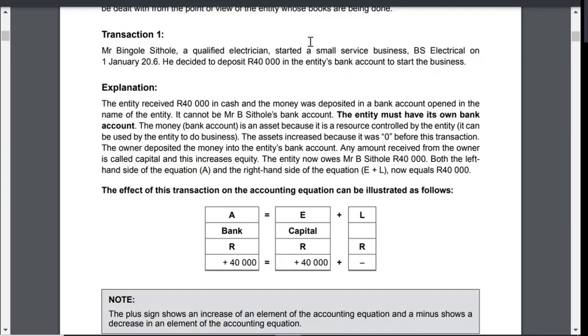So when an owner starts a business, he has contributed 40,000 into the business. If the owner contributes money into their business, that is called capital.